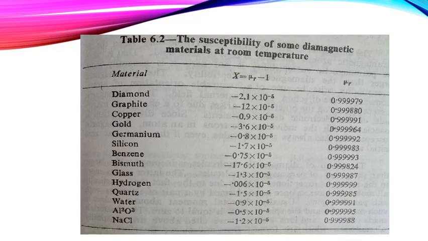A material in which an external magnetic field produces a resultant moment in the opposite direction is called diamagnetic, and in such materials the magnetization is in the opposite direction to the field strength, and as a consequence the susceptibility is negative.